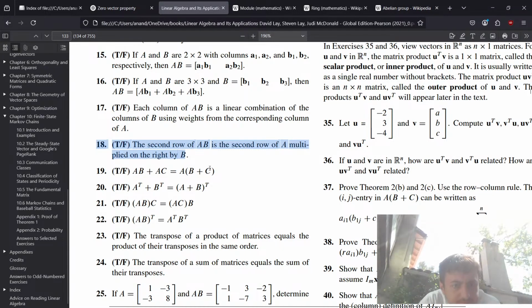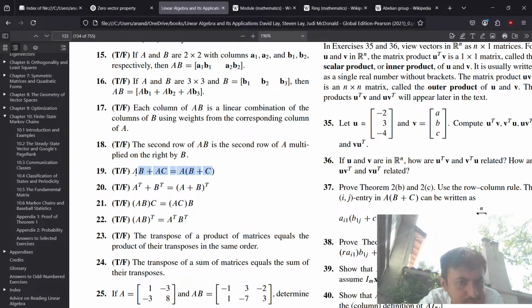All right. Now A times B plus A times C. That is true, but I don't know why.